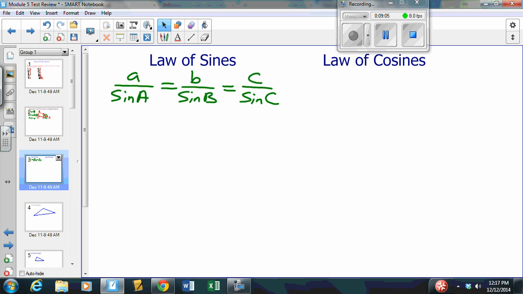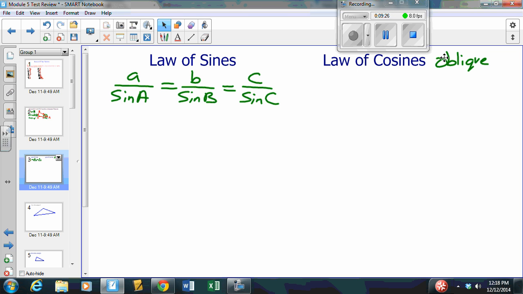We use law of sines and cosines with non-right triangles called oblique triangles. Spelled like this, O-B-L-I-Q-U-E. Oblique means non-right triangles. So we use law of sines and law of cosines to solve non-right triangles. You might want to write that down.